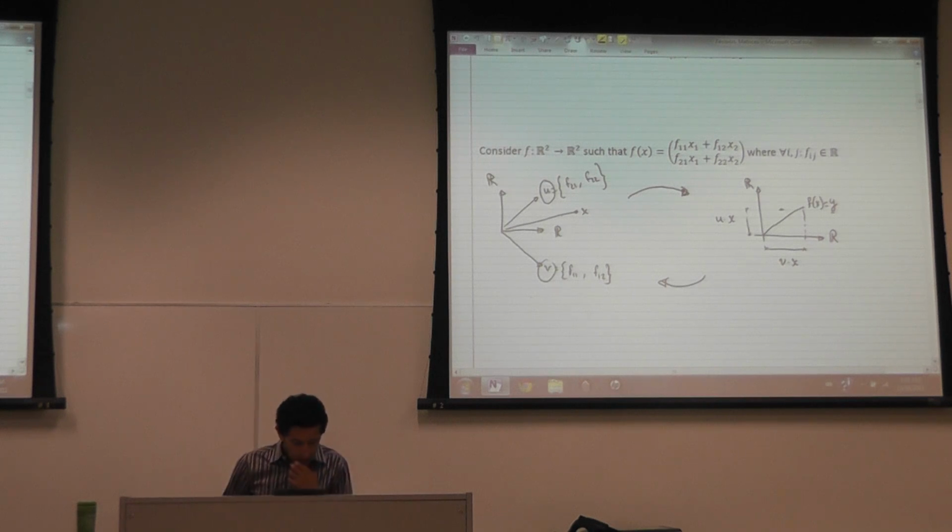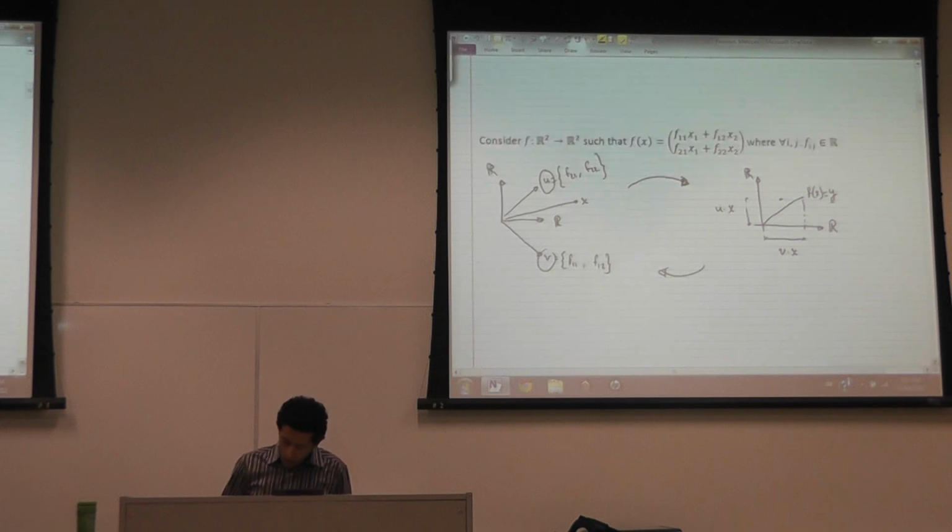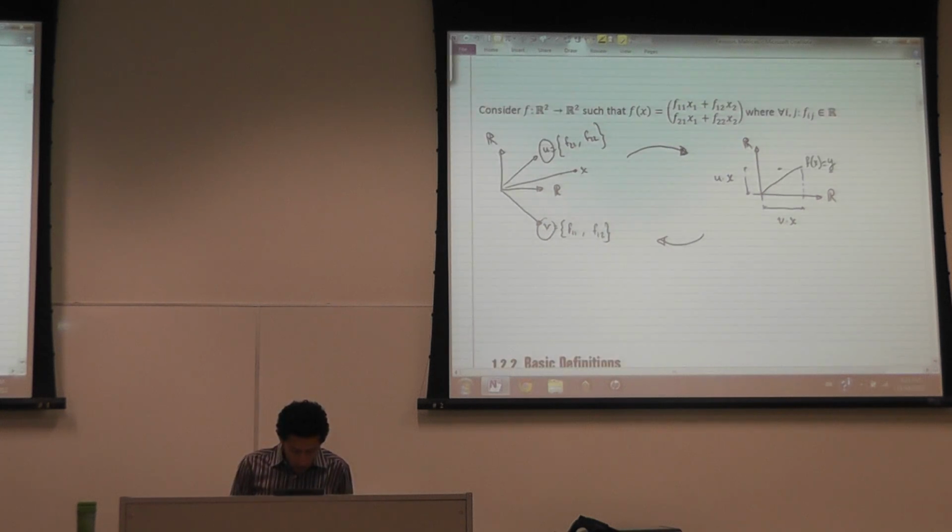Now for every linear function from Rn to Rn, this linear function can be represented by a matrix.